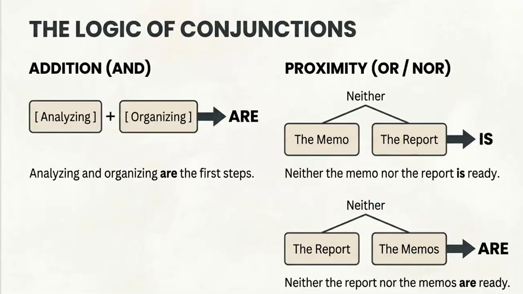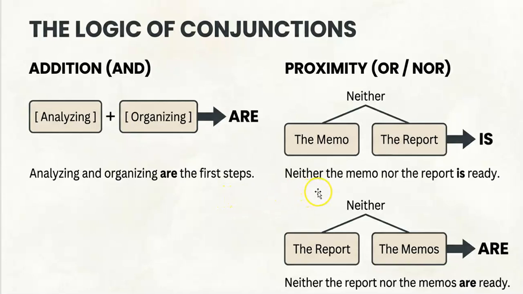Okay, sometimes you're going to have instances where you have more than one subject. So if you connect them with the word and, they become plural. So analyzing and organizing are the first steps. But if you use or nor, the rule kind of changes.